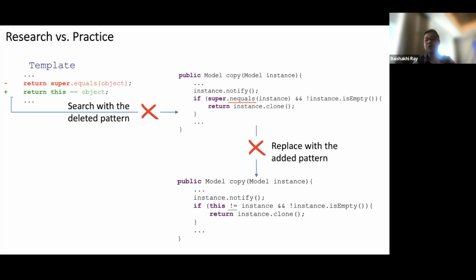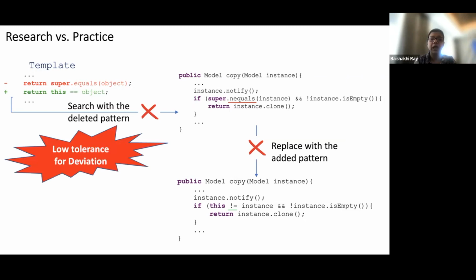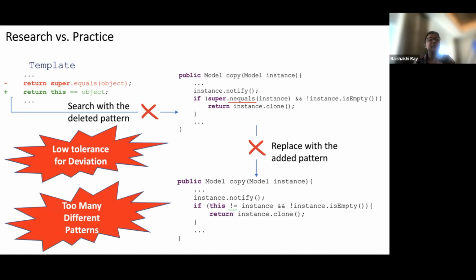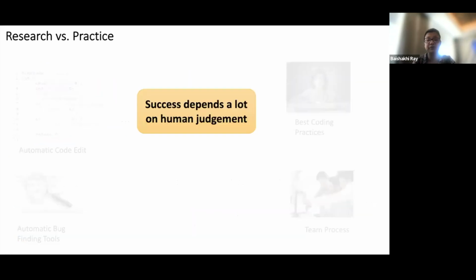But because my template does not have this pattern, my template based tools will fail to generalize in even such a simple scenario. So this shows the more traditional template based matching tools have low tolerance for deviation, and you definitely cannot configure these tools with every possible pattern, because then there will be too many patterns, which is beyond even the knowledge of the developers.